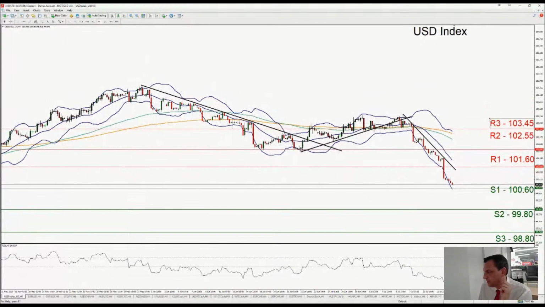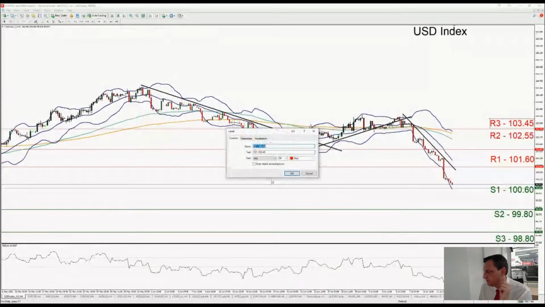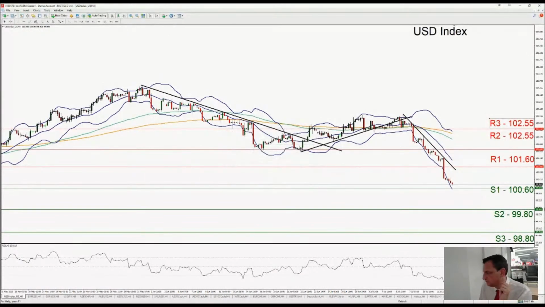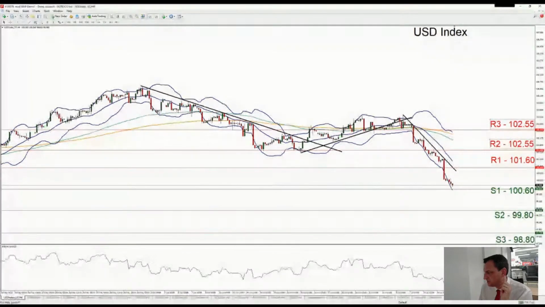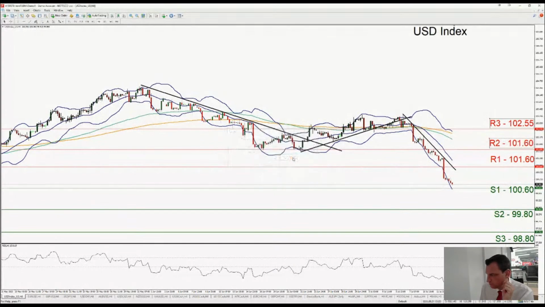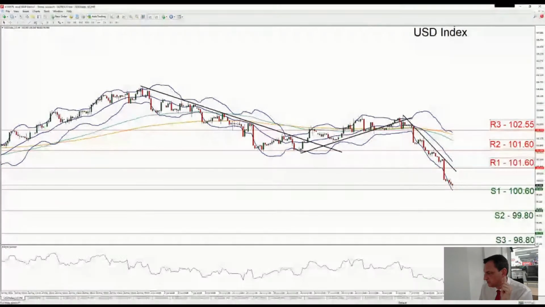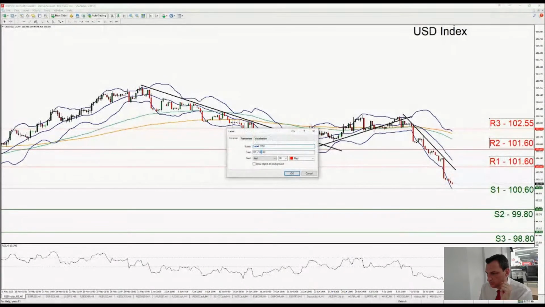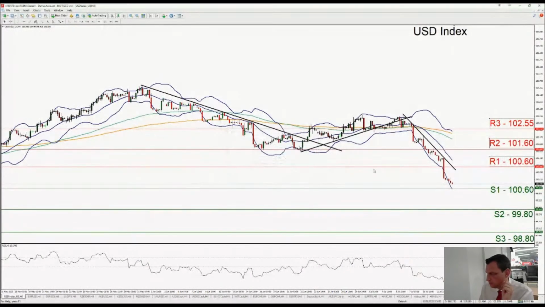Starting with the R3, which is now being placed at 102.55. The R2 at 101.60. The R1 at 100.60. The S1 at 99.80.